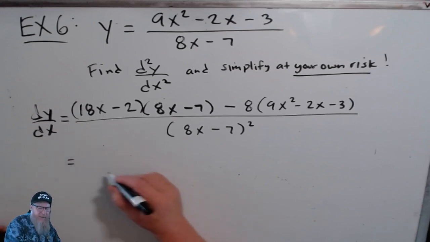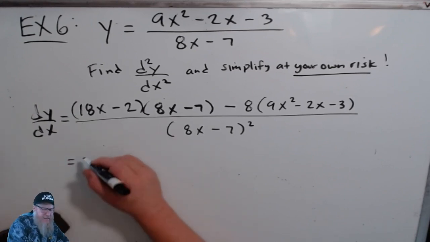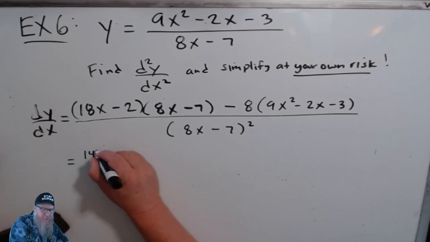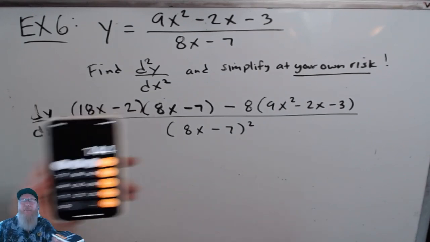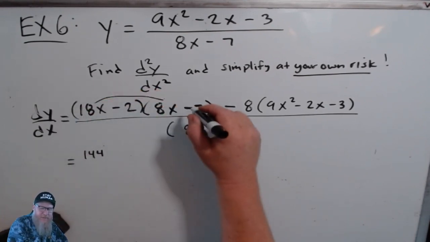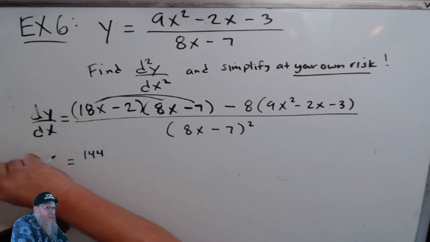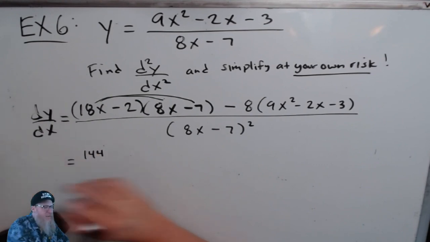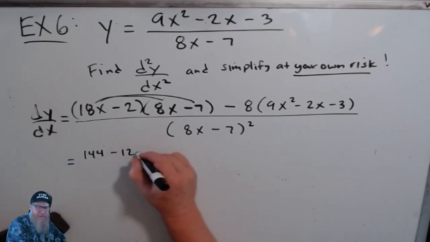simplifying a little bit. So 8 times 18 is 144. Oh, wow. How many different ways to say 144? That's these guys. Negative 7 times 18 is 126.